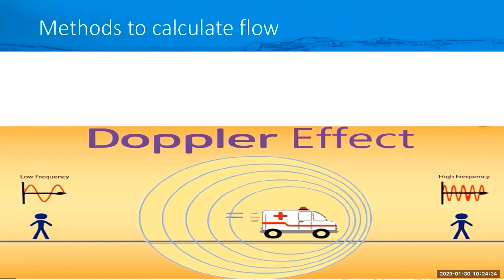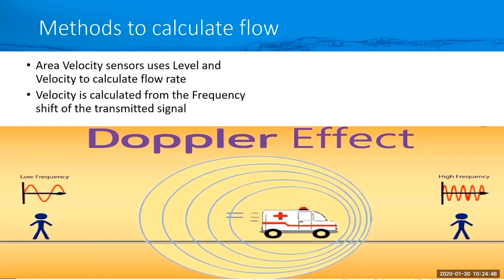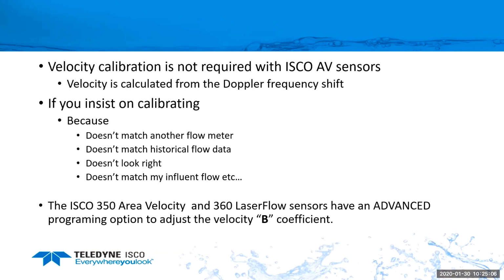As the sound or particles move towards the sensor, you get a higher frequency, and as it moves away, it reads a lower frequency. Another example is our AV sensor in the pipe with the pressure transducer to read the depth of the water. It fires a 500 kilohertz signal, bounces off all the particles and air bubbles in the water, to give us an average velocity from that frequency shift.